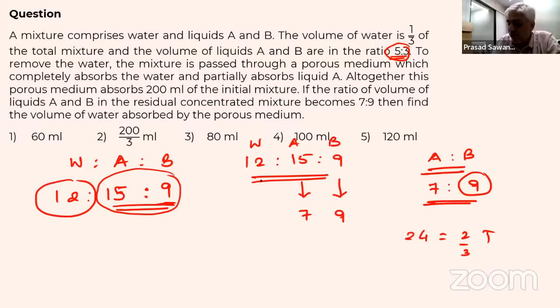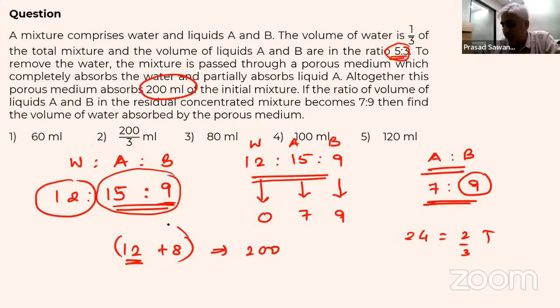And water became 0. Which means what all was removed? 12 of water was removed, and 8 of A was removed. 20 was removed. But they are saying that is 200. So the 20 corresponds to 200. So this 12 will correspond to how much? If 20 corresponds to 200, how much is 12 going to correspond to? 120. And that's the method I would want you all to use.